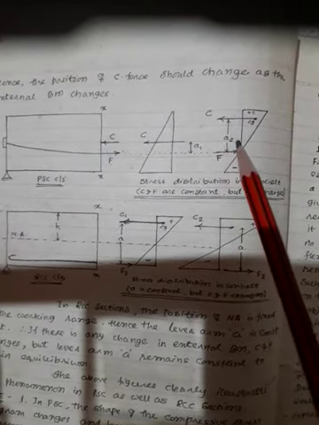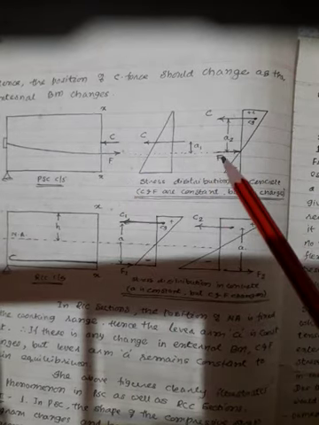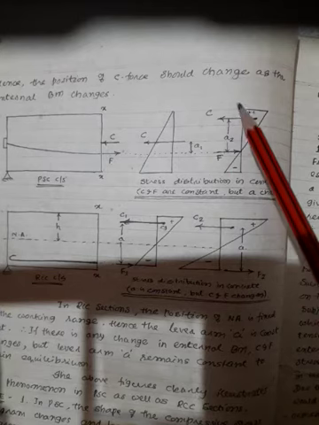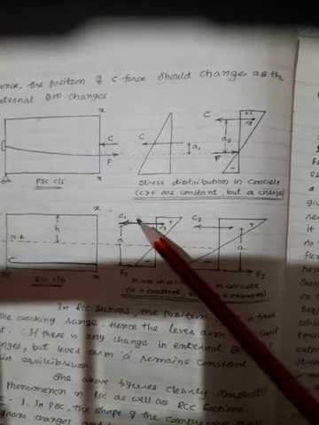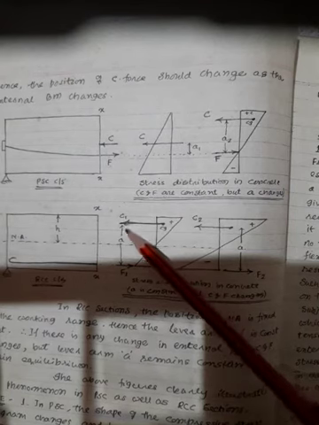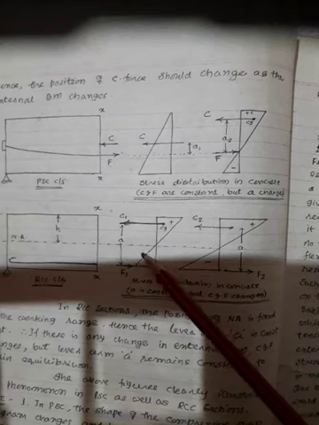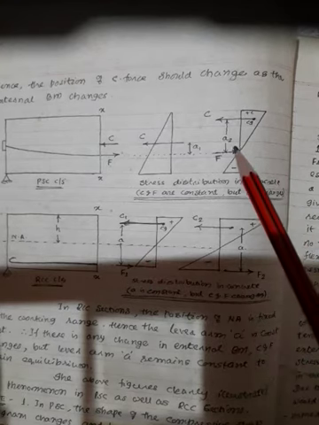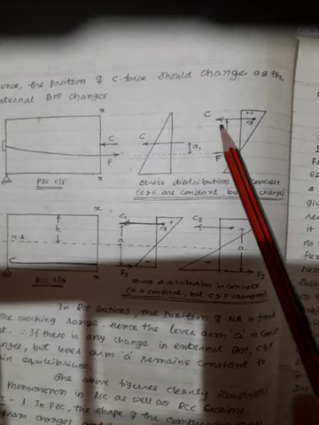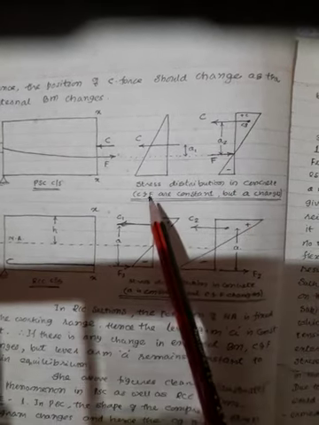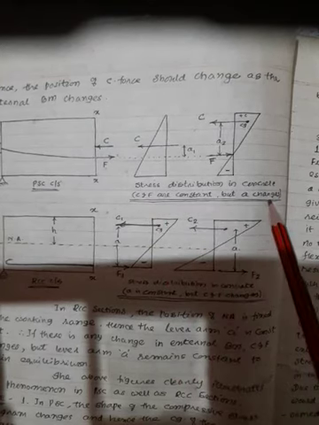So in case of prestressed concrete sections, the lever arm will change; the lever arm goes on increasing. Whereas in case of your RCC, the lever arm will remain constant, whereas the F force and C force go on changing. But in case of prestressed concrete, F and C remain constant. That's why I have written here that C and F forces are constant, but A changes.